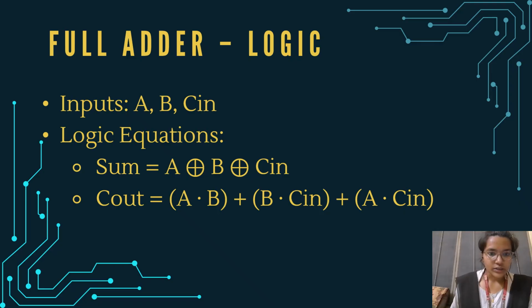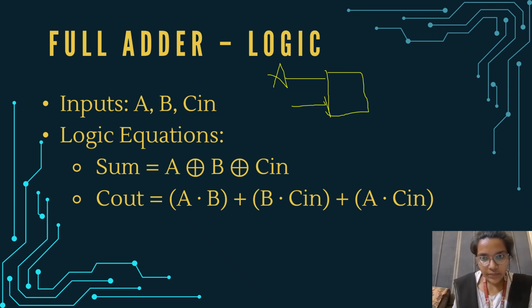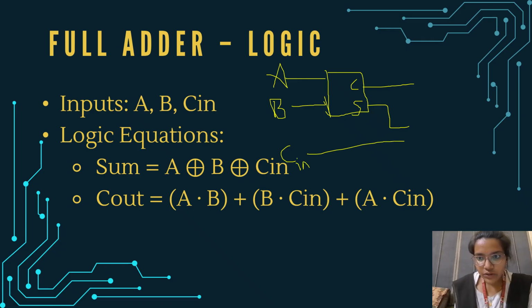Full adder logic. For a full adder, the logic is as follows. We can build a full adder by using two half adders in this way. If we take A input and B input, we get sum and carry. And the carry, let's talk about it later. And C input also goes into a half adder.